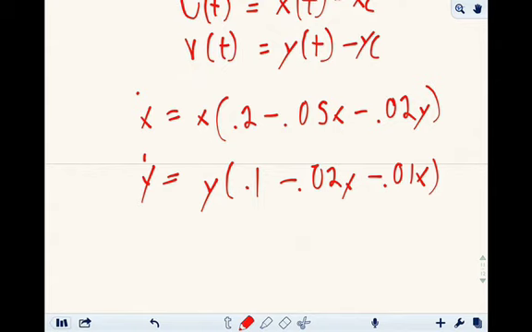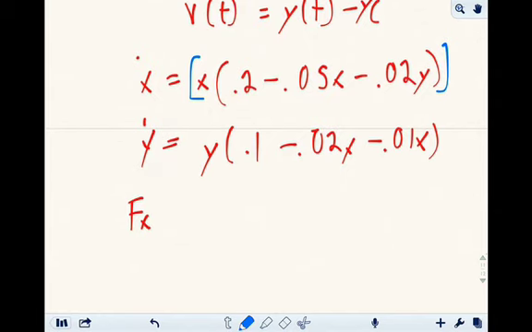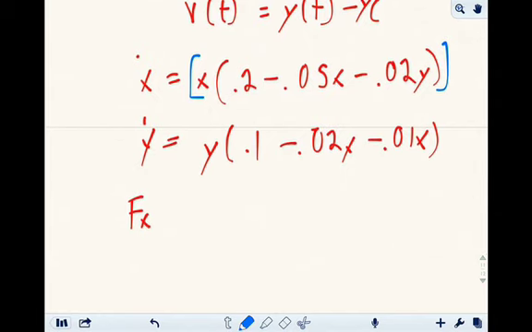So again, f_x is the derivative of this thing in blue, which is f of x comma y, with respect to x. So the derivative of that with respect to x, we have this first term here, 0.2x with respect to x. So from that we get a 0.2.